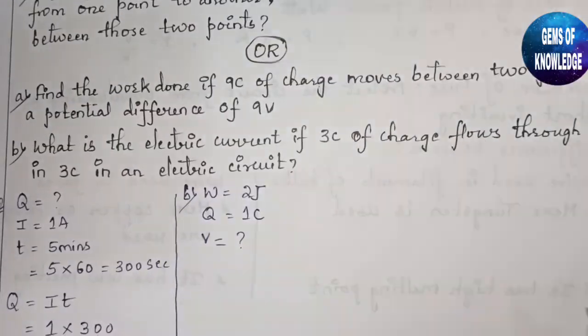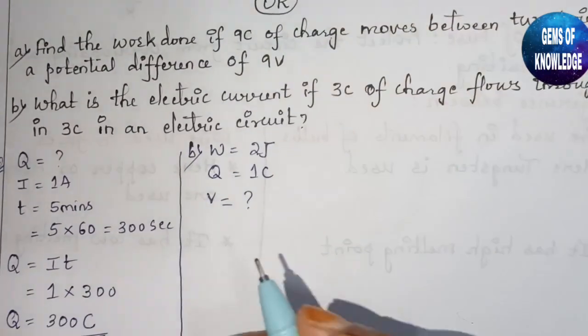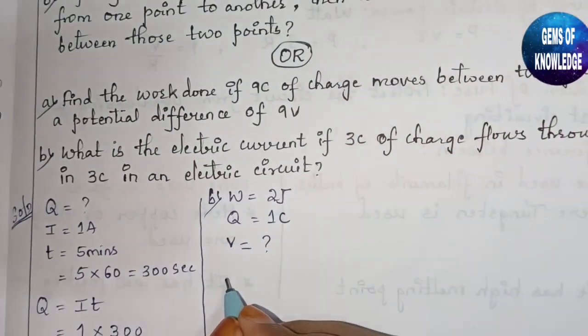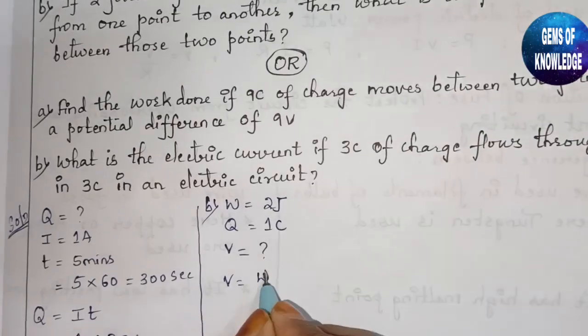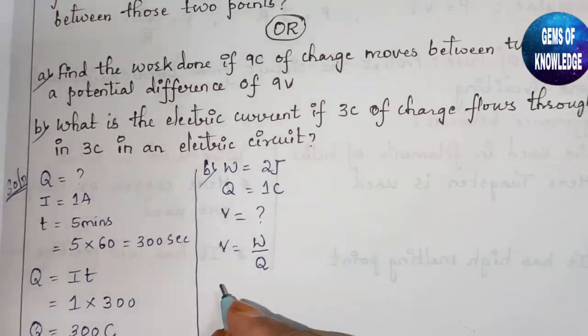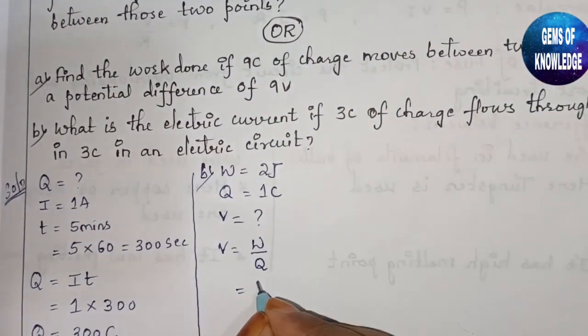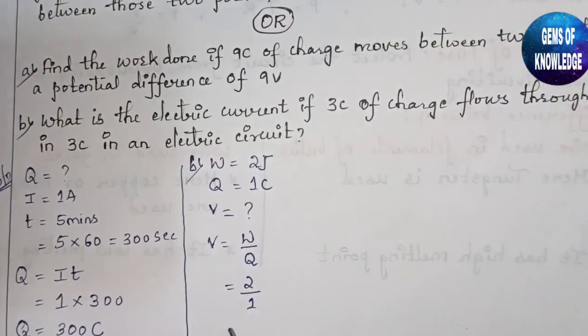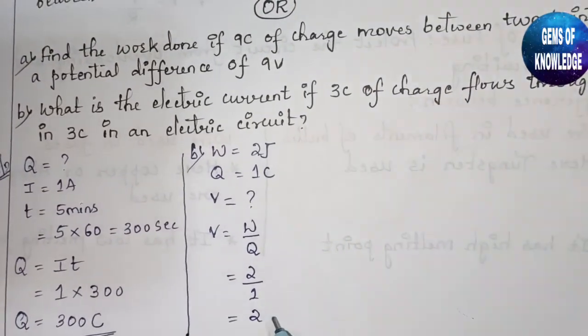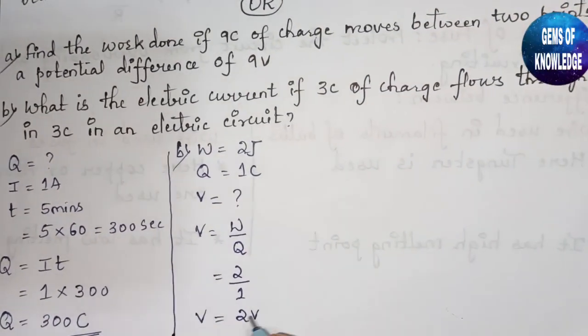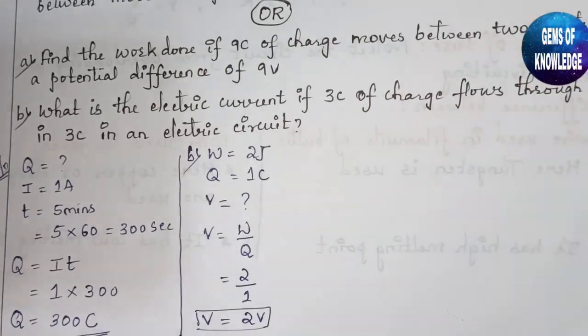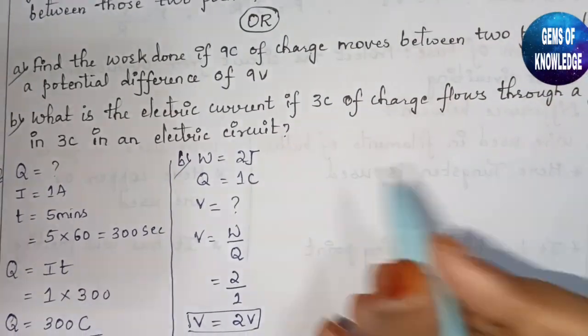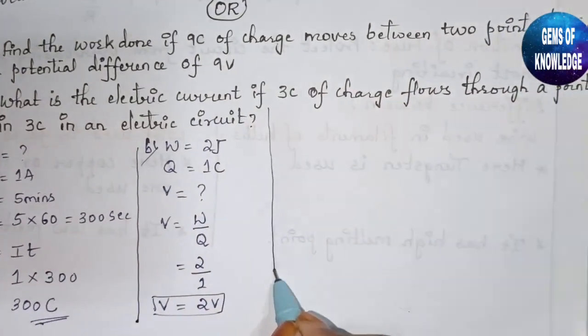Potential difference V is equal to question mark. We have to find the V value. We know that V is equal to W by Q. Just substitute the values. W is 2 by 1, which is 2. V is volt. So this is the solution.